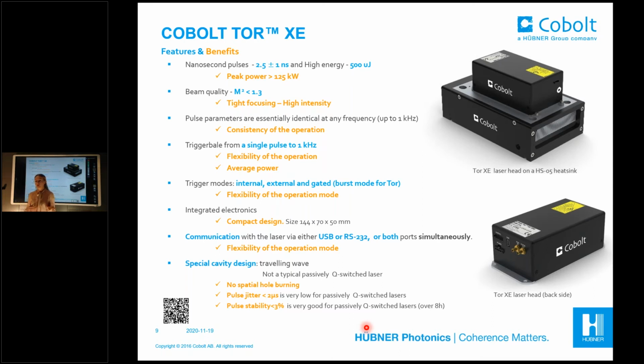So maybe if you're working with LIBS, you would like to go to a lower repetition rate because your material heats up, or perhaps you are more concerned about acquisition time, then you will be going towards the higher frequencies. For example, in LiDAR, usually people prefer to use the laser at a higher frequency, so the data collection goes faster. And of course, by changing the frequency of your laser operation, you can change the average power.